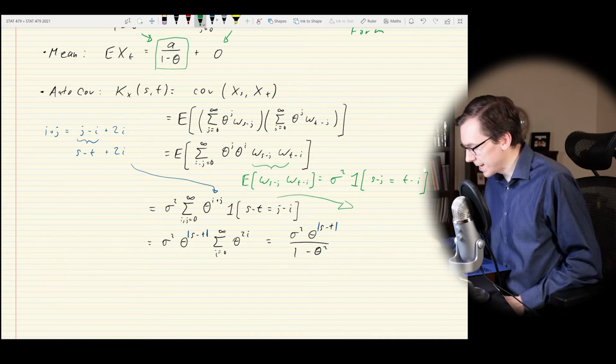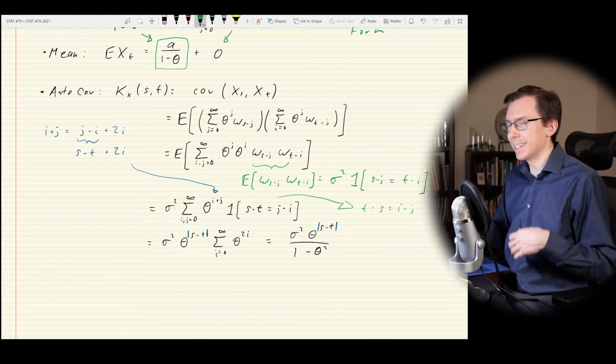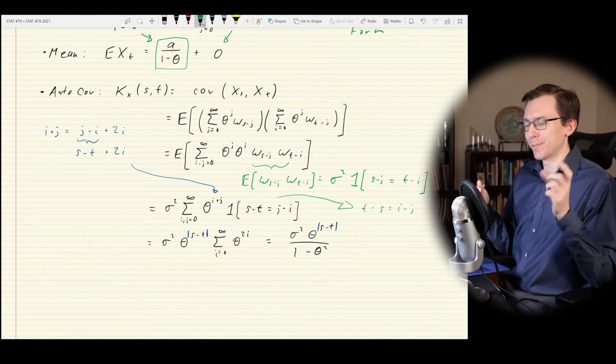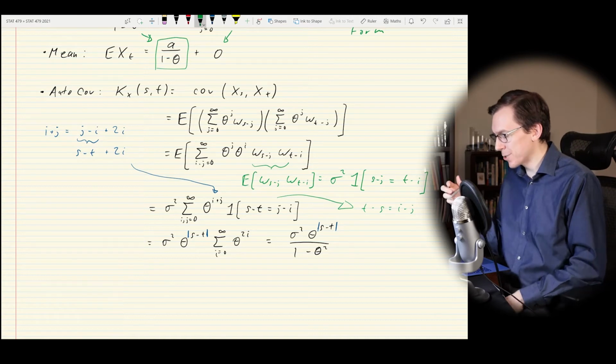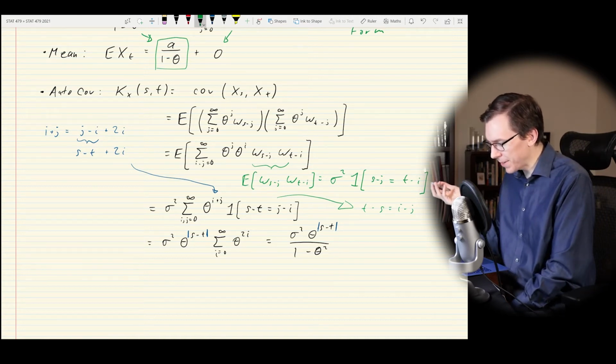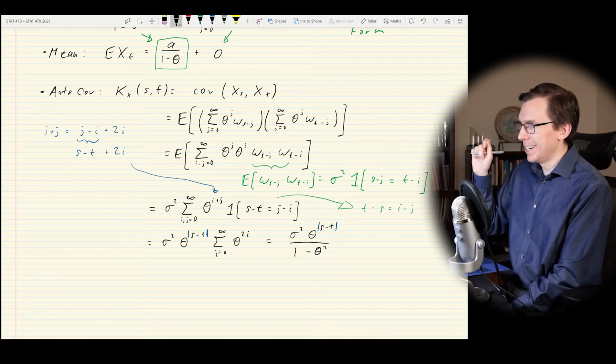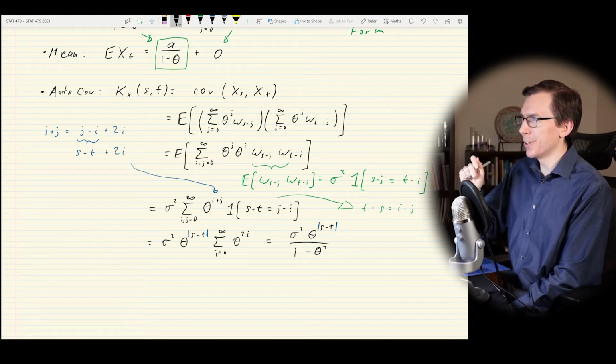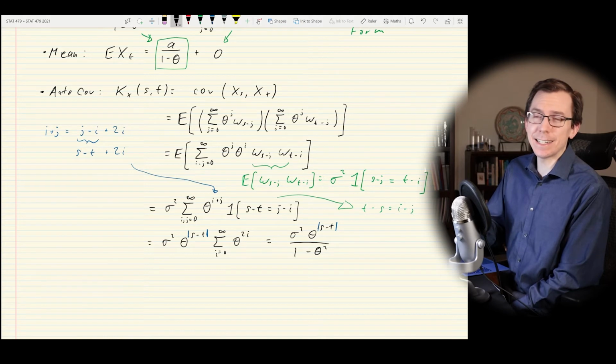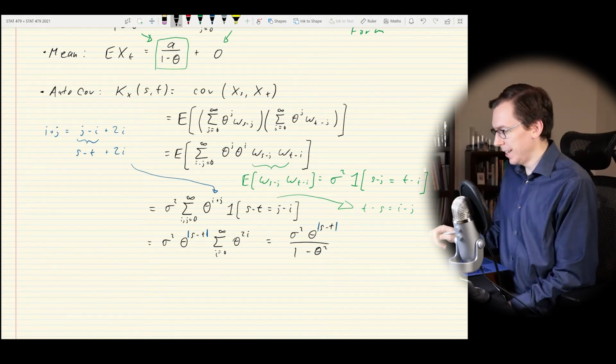This is also the same as t minus s being i minus j. So I have to consider the reverse implication there as well. But everything follows here. It just means that we have to remember that our answer is an autocovariance function, and that means it needs to be symmetric in the argument, or else we missed something.